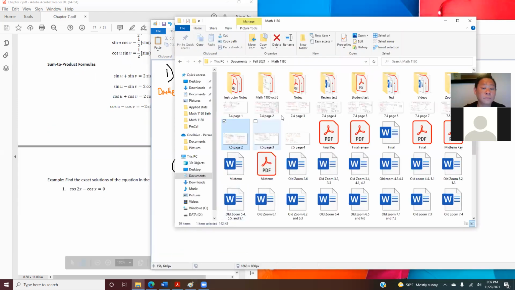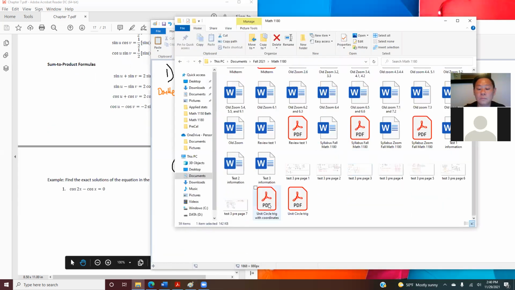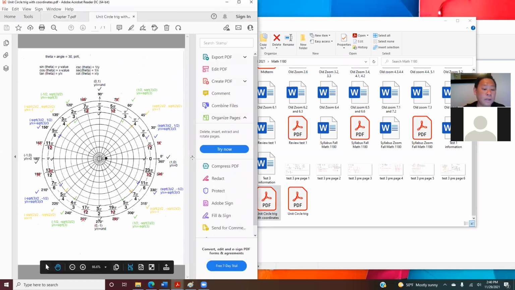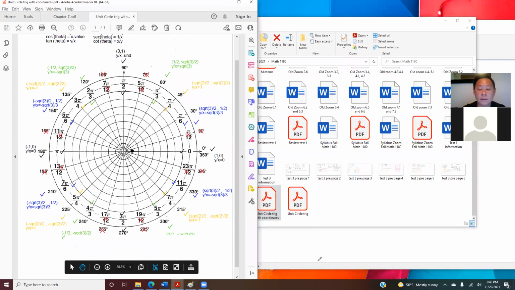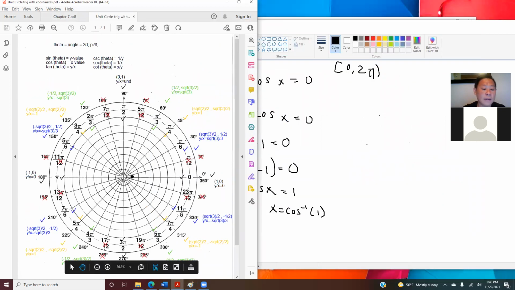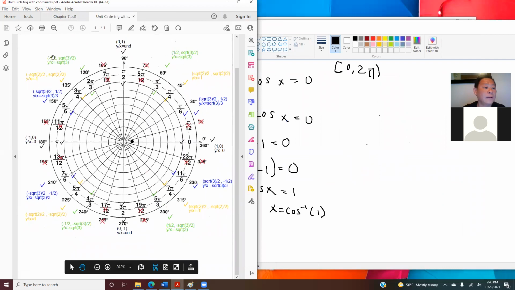Unit circle. 2 pi over 3. So that will be negative 1/2. Cosine is your x, right? So to get a negative 1/2, it is 2 pi over 3 and also what? 4 pi over 3.